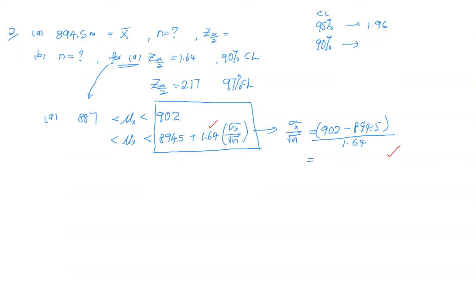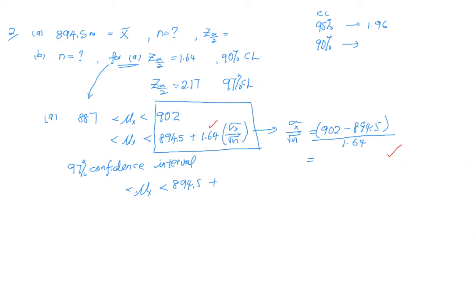So you want to find the 97% confidence interval. How do you do it? You use the formula.